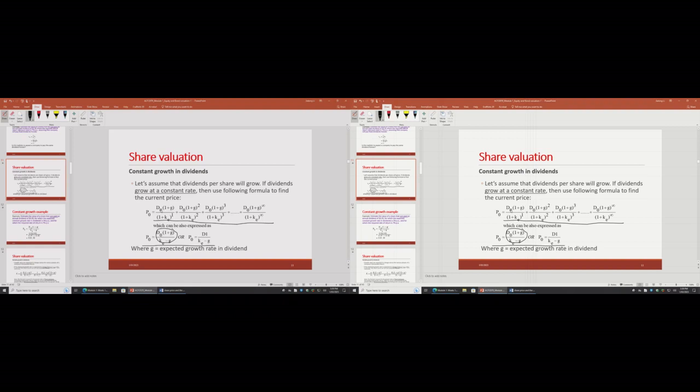That growth rate could be a good proxy for the growth rate of dividends in the future. Alternatively, if you want something forward-looking, you can look at analyst forecasts. Some professional investors forecast dividend growth in their reports and make recommendations.